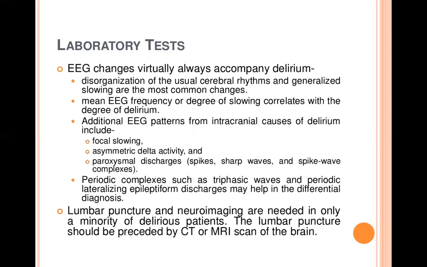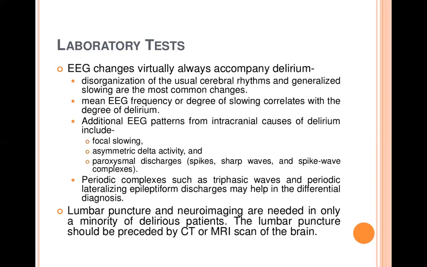Then periodic complexes such as triphasic waves and periodic lateralizing epileptiform discharges may help in the differential diagnosis. The next diagnostic test is lumbar puncture, and neuroimaging is needed in only a minority of delirious patients. The lumbar puncture should be preceded by a CT scan or MRI scan of the brain.